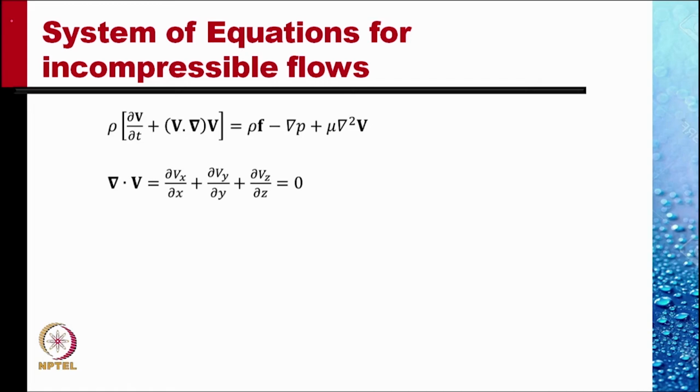So we need a 4th equation, and the continuity equation del dot V equals 0 constitutes the 4th equation to complete the system of equations for incompressible flow, assuming that rho is constant throughout the flow.